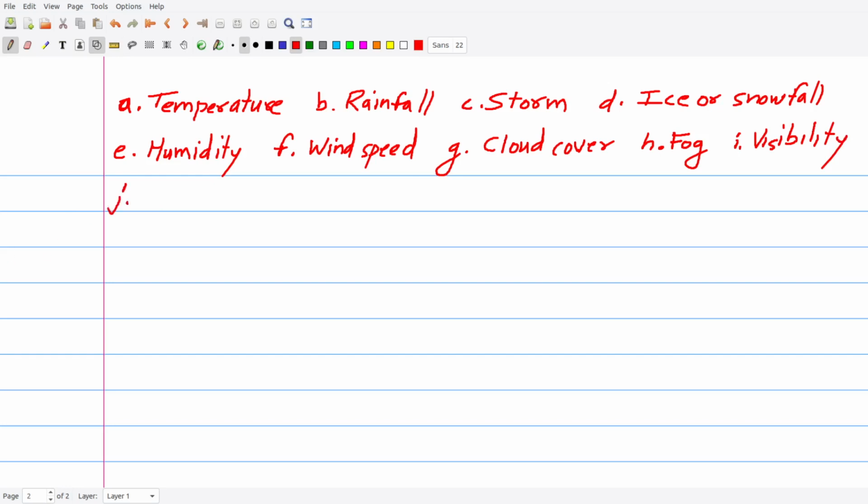Many we have noted, we'll take the last one, precipitation, etc. So all these are weather factors which affect your power consumption, correct?